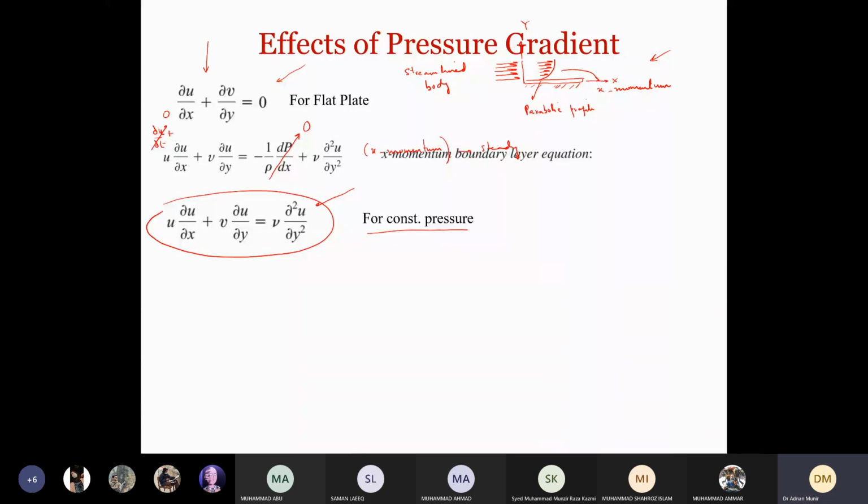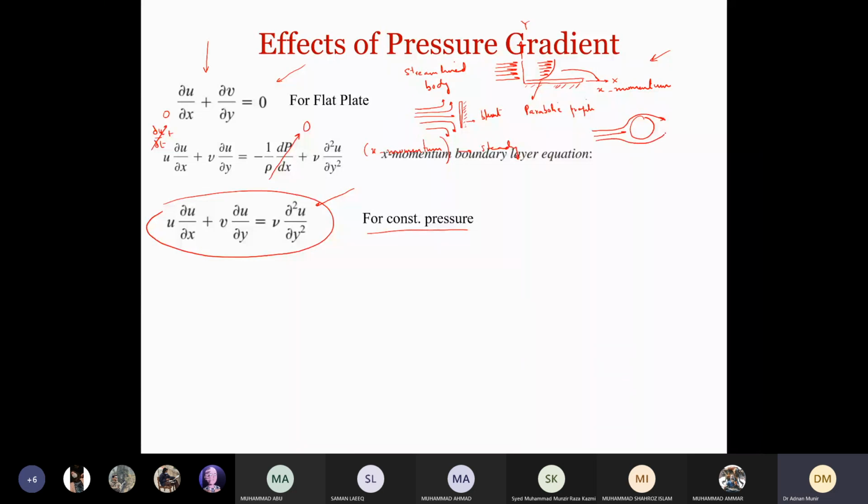Now if I place the same plate perpendicular to the incoming flow, this is called a blunt body. When I increase the perpendicular area with which the incoming flow is in contact, it is called a blunt body. Another example of a blunt body is flow past a circular cylinder like this.